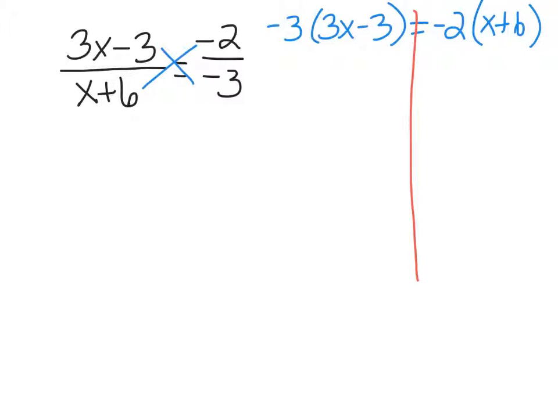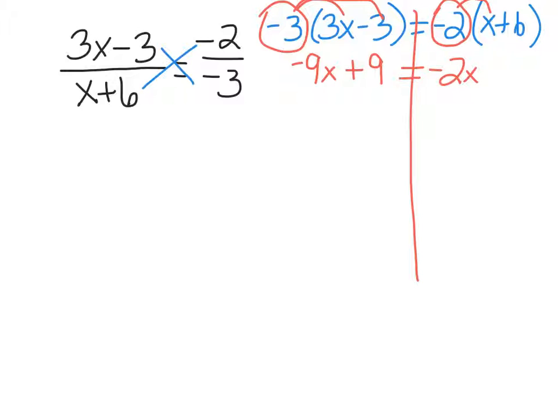All right, now we're going to solve, starting with the distributive property. The number outside the parentheses we multiply by each term in the parentheses. So negative 3 times 3x is negative 9x, and negative 3 times negative 3 is positive 9, equals negative 2 times x is negative 2x, and negative 2 times 6 is negative 12.